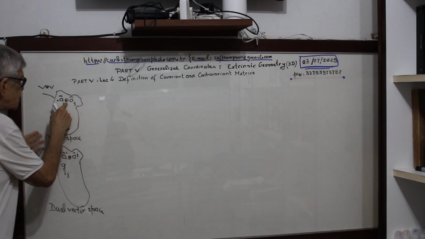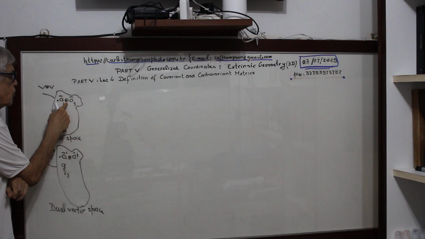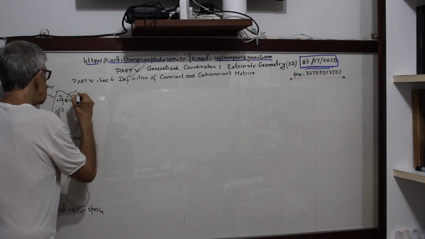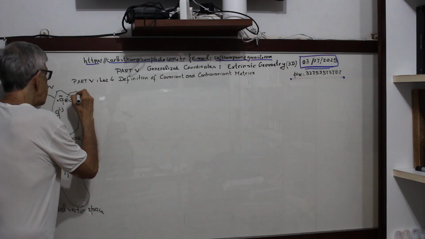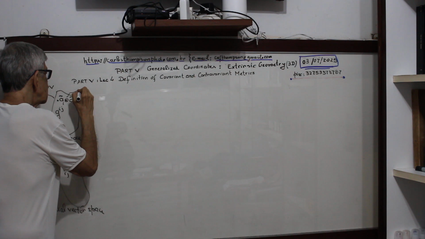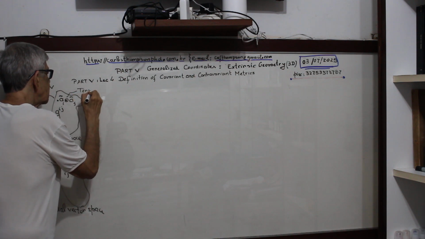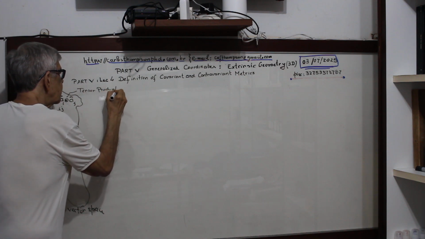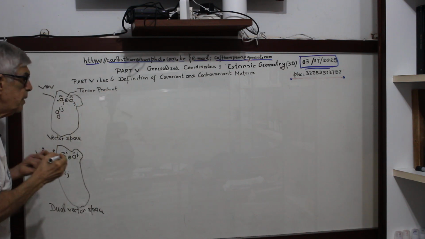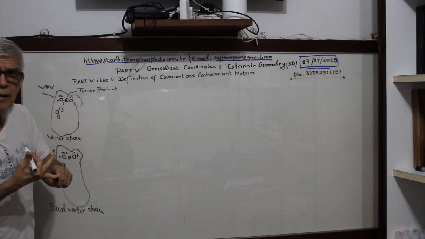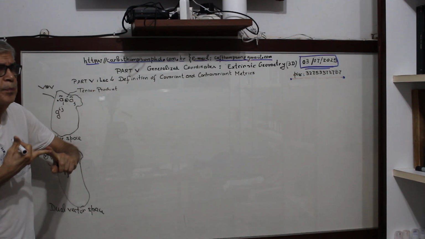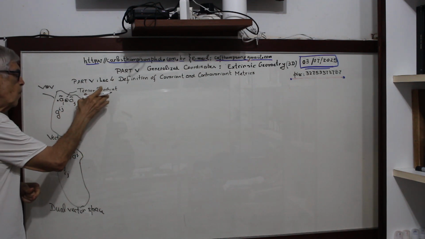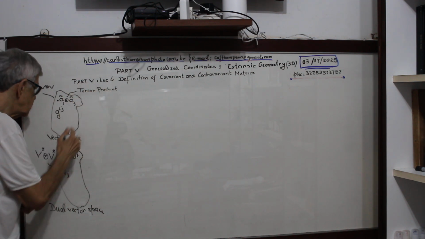Now, this is called in the literature a tensor product. That's just a name. This is a tensor product because it's not a dot product, it's not a cross product in this case. So this is called tensor product.